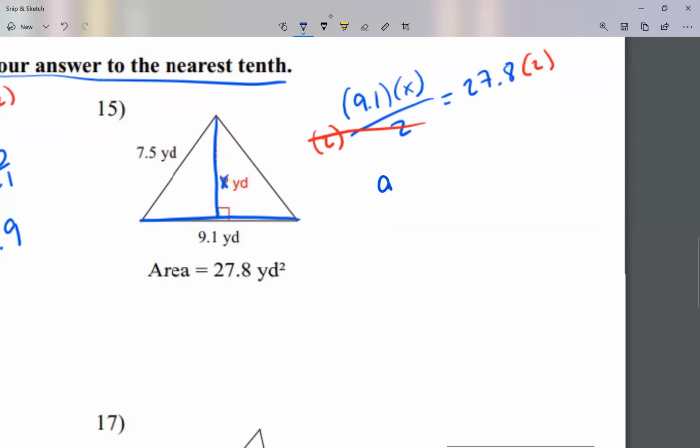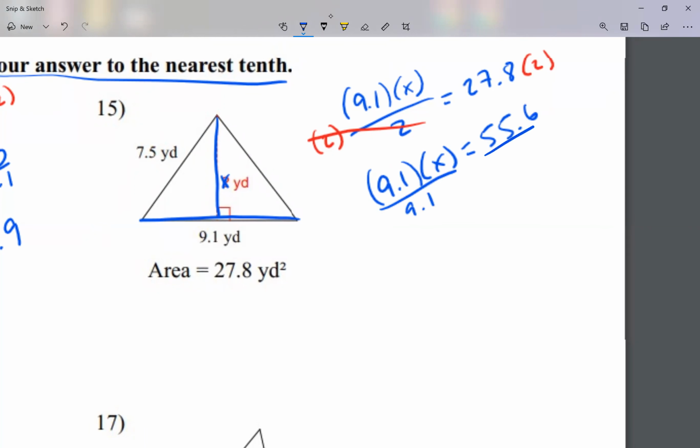So I have 9.1 times x equal to, I know 27.8 times 2 is 55.6. Now let me divide by 9.1. 55.6 divided by 9.1, rounded to 1 decimal place, I'm going to get 6.1.